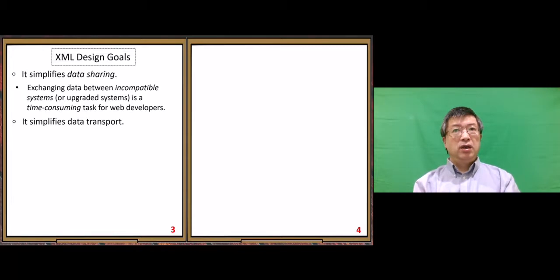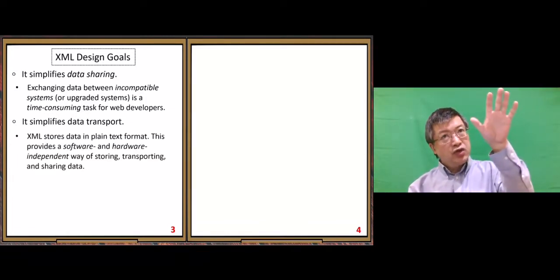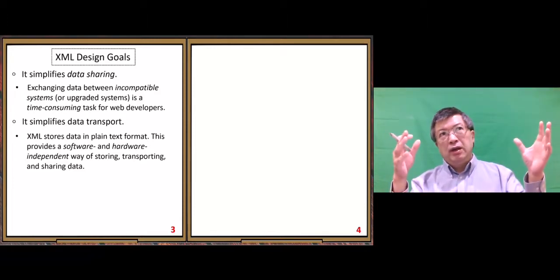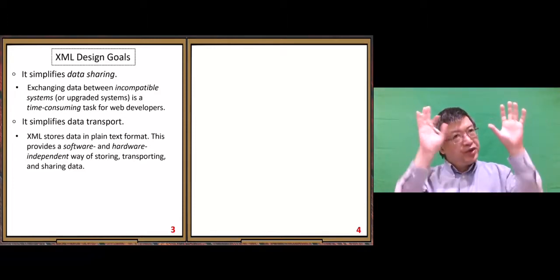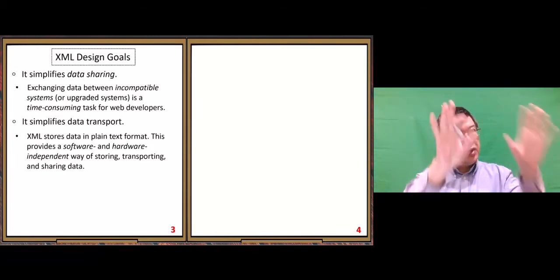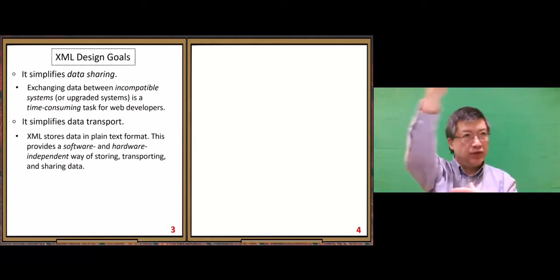So for the data transport, the data is stored in text format, and then you may want to store the data on your hard disk, or send the data to different machines.